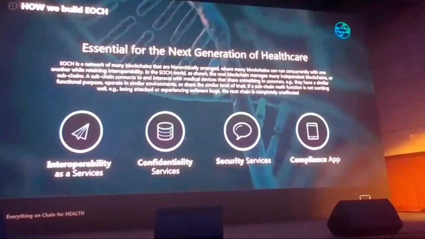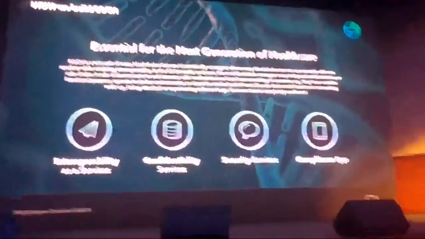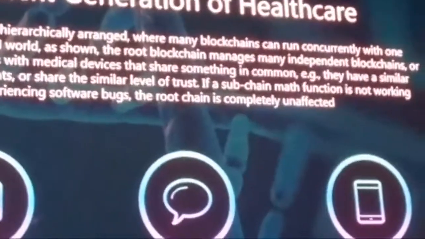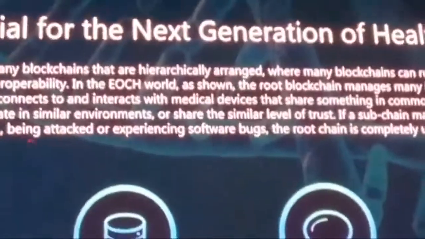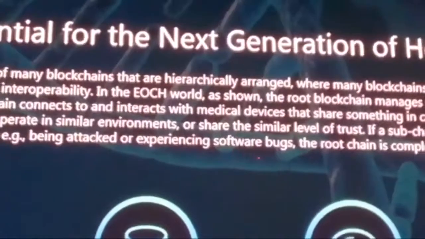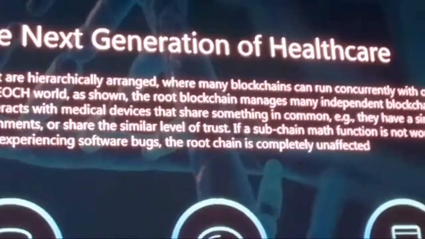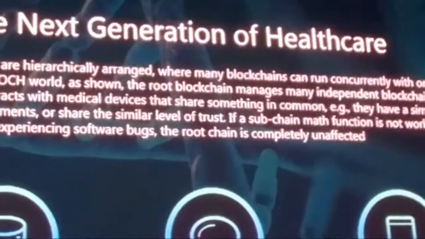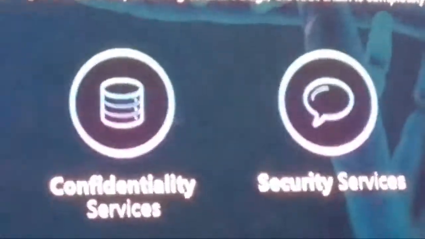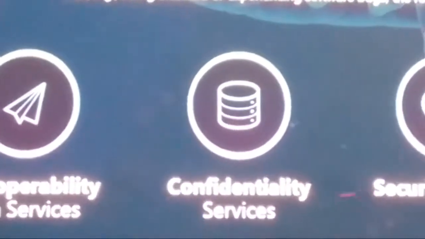They have a similar functional purpose, or they can operate in a similar environment to share a similar level of trust. If a subchain malfunctions, for example, has been attacked or is experiencing software bugs, the root chain is not going to be affected at all. So by doing this, we are able to have this interoperability. We can guarantee confidentiality and security.